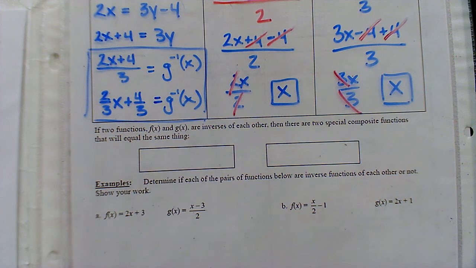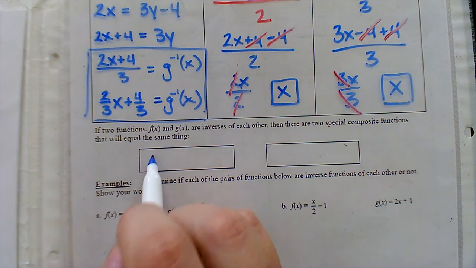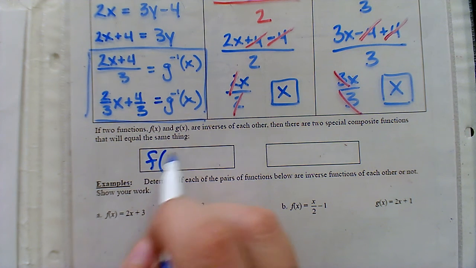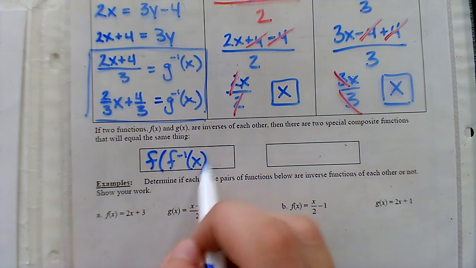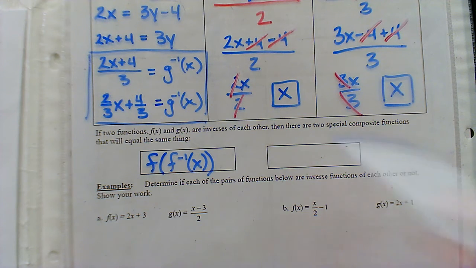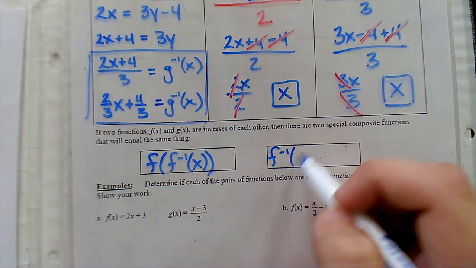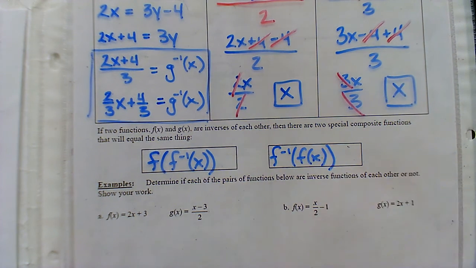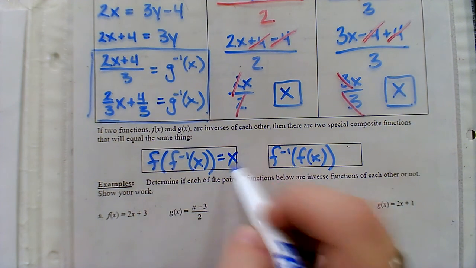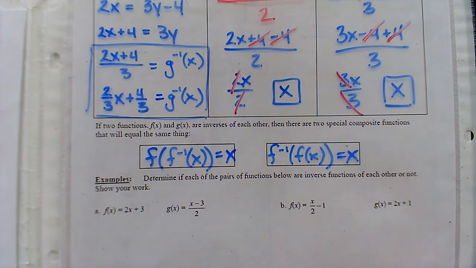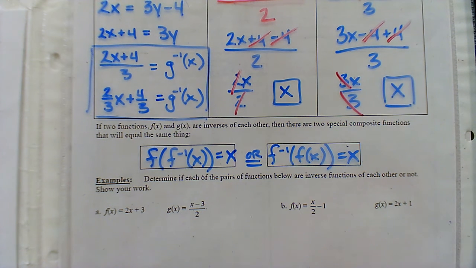So just as in your notes, something to reference, it doesn't matter if we plug the inverse into the original or the original into the inverse. As long as we undo all the numbers, meaning we get x out in the end and just x, we know that the two equations undo each other, meaning they're inverses.